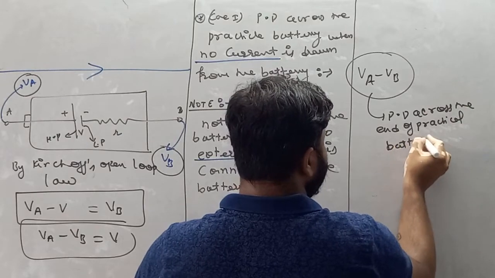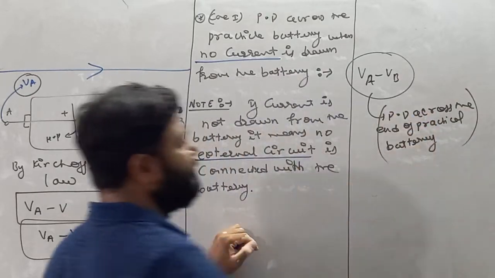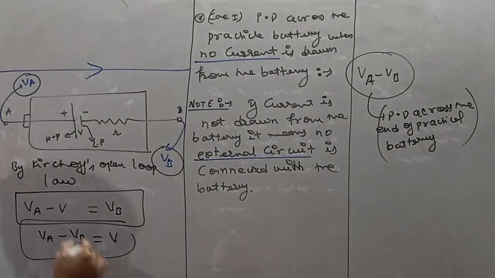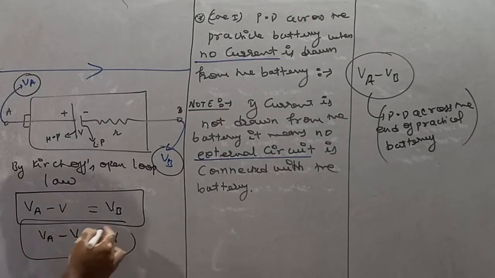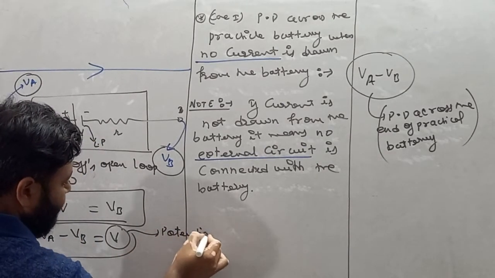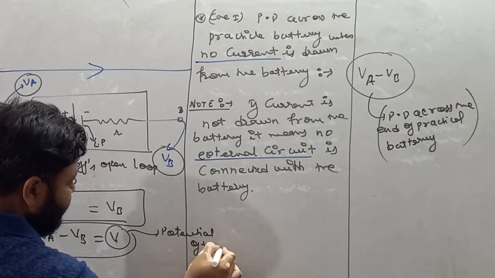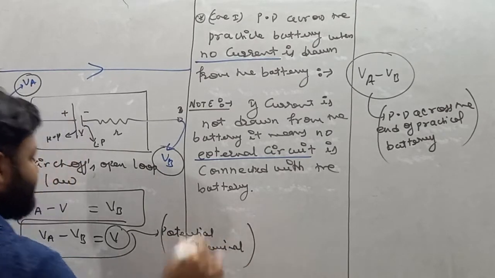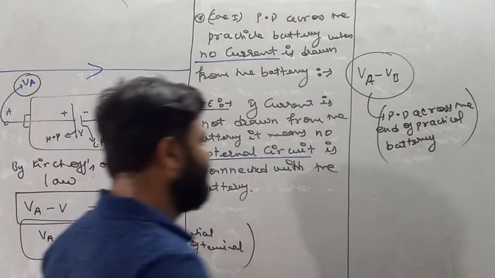This potential difference becomes equal to V, and V is nothing but the potential of the terminal.